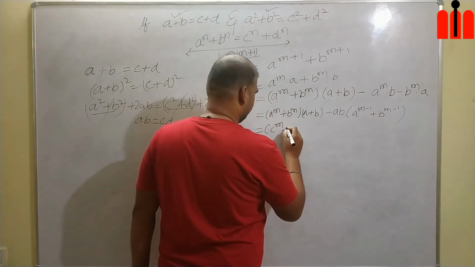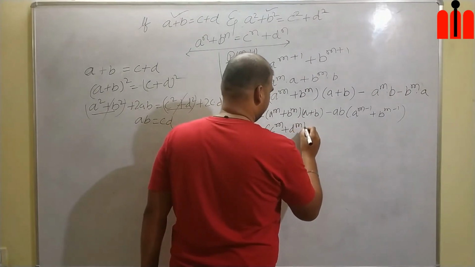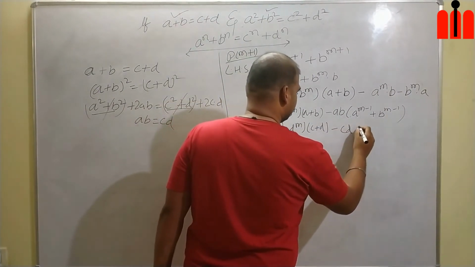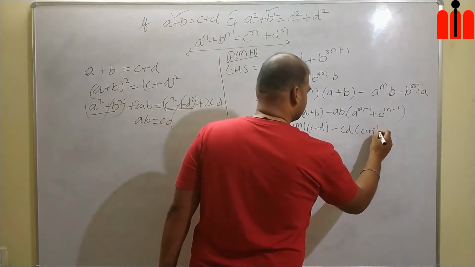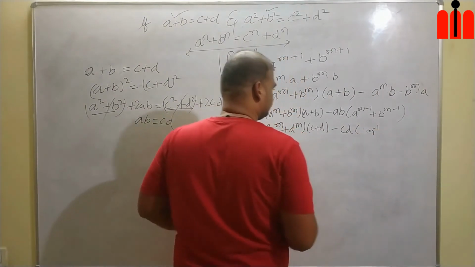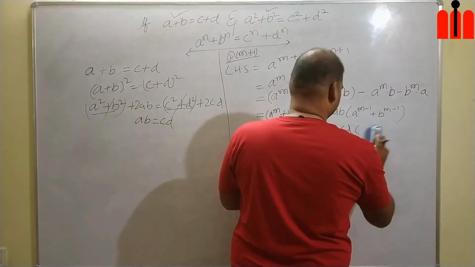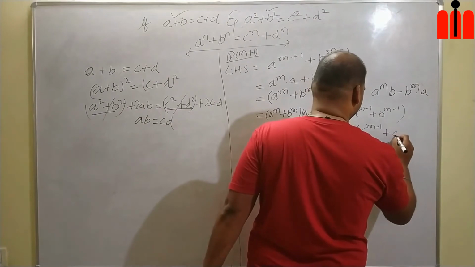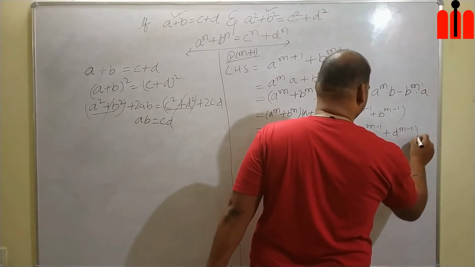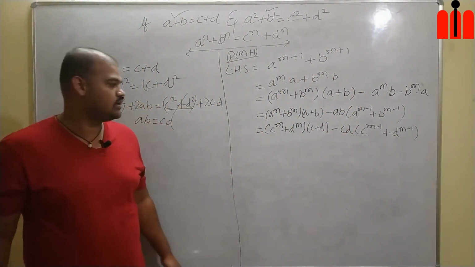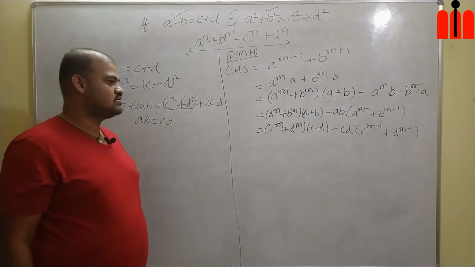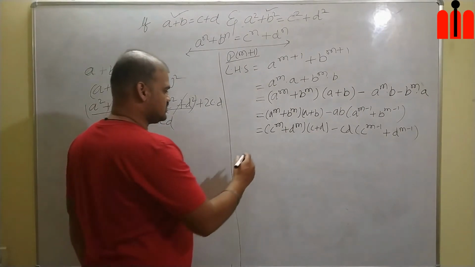c to the power of m plus d to the power of m, into c plus d, minus cd, into c to the power of m minus 1 plus d to the power of m minus 1. Okay, so everything is converted to c's and d's. Now we will simplify this.